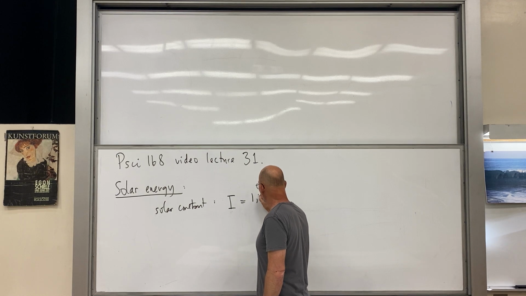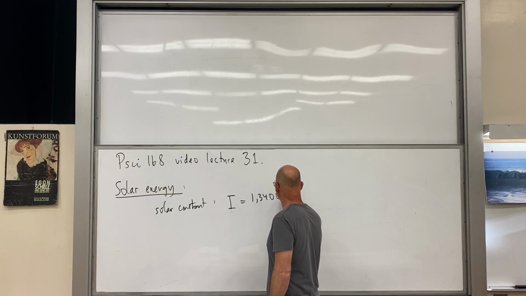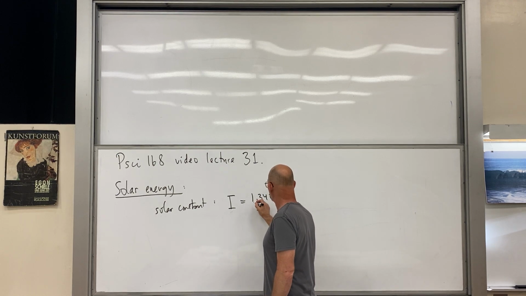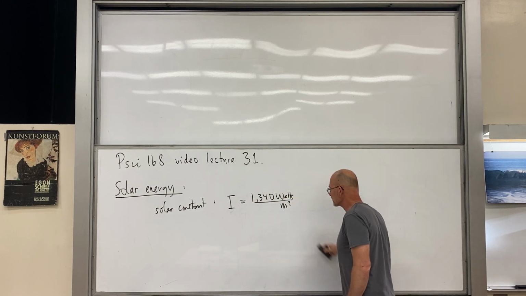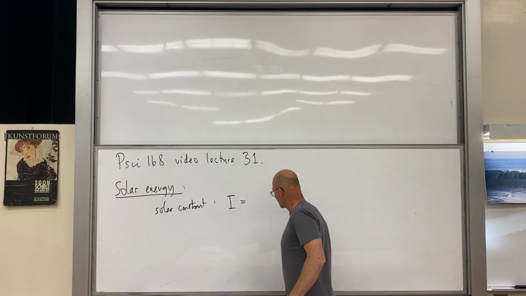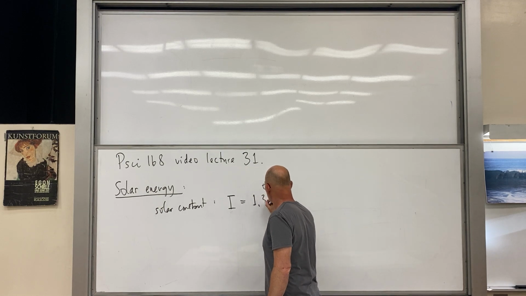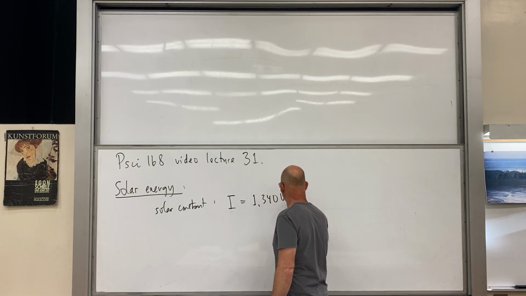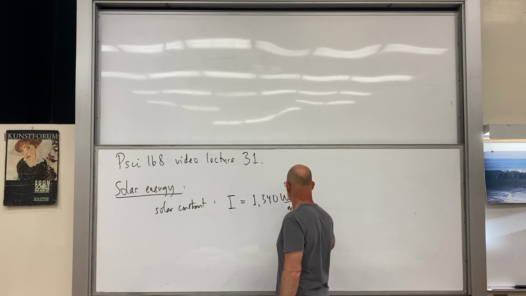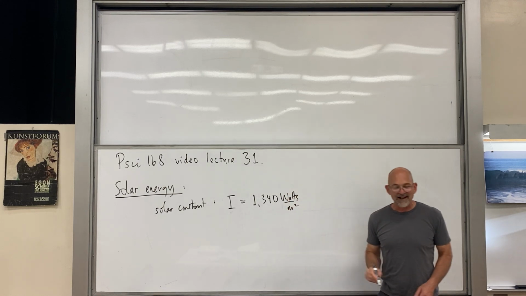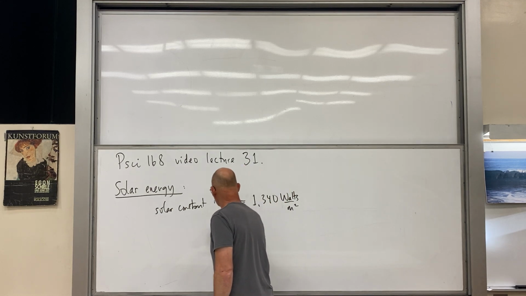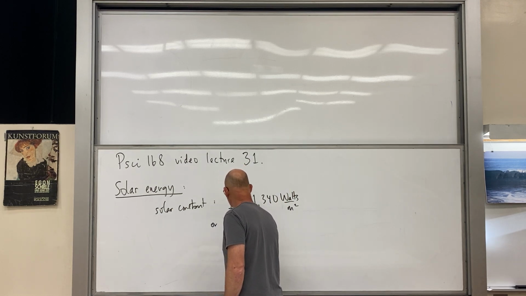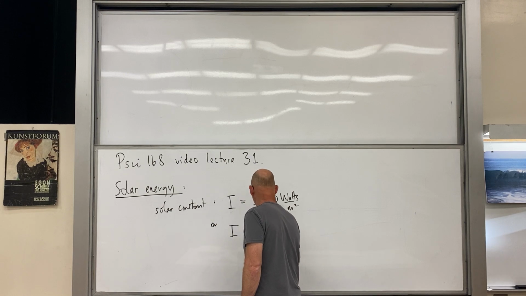So we have this 1,340 watts per meter squared. Maybe I should just write that denominator once more. 1,340 watts per square meter. And if we want a practical number for down here on Earth, we can just use 1,000.